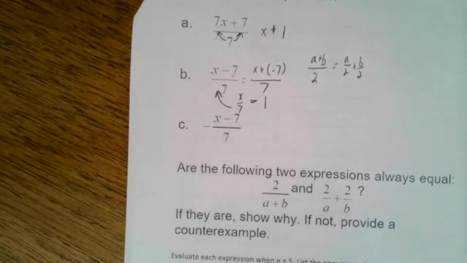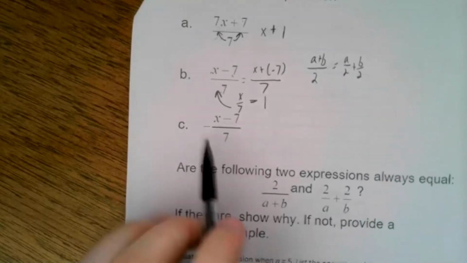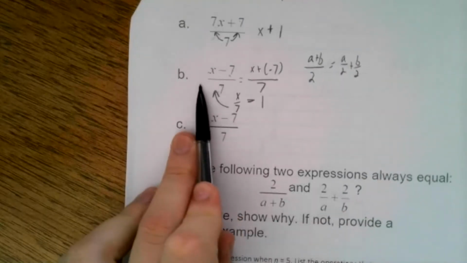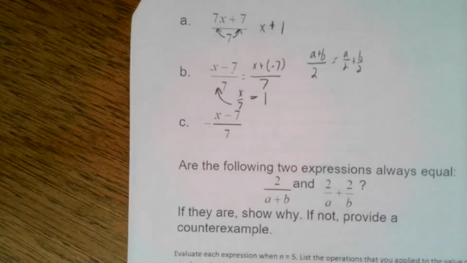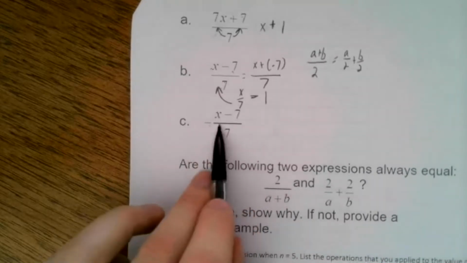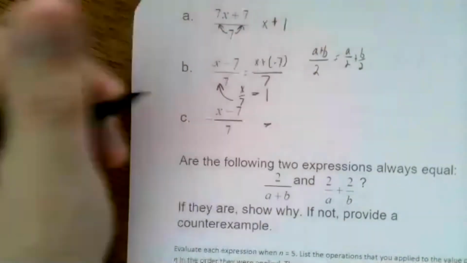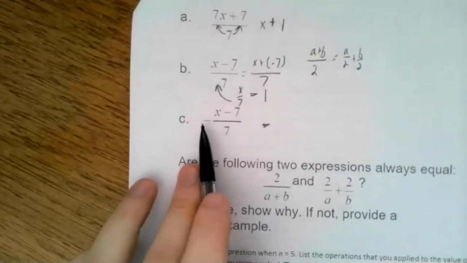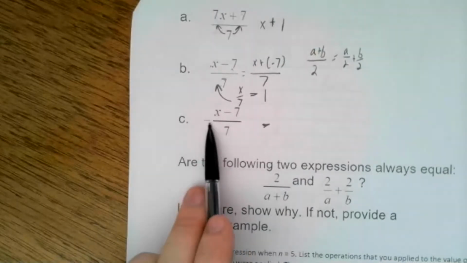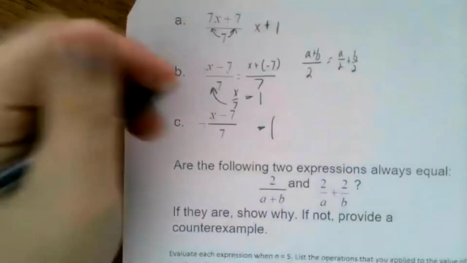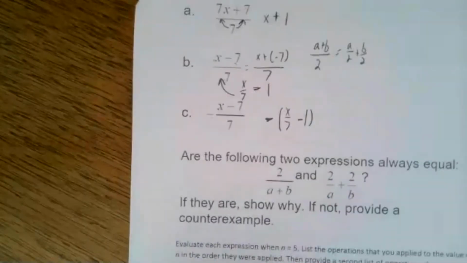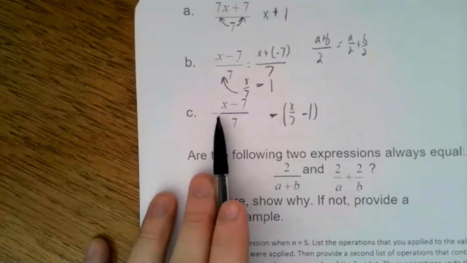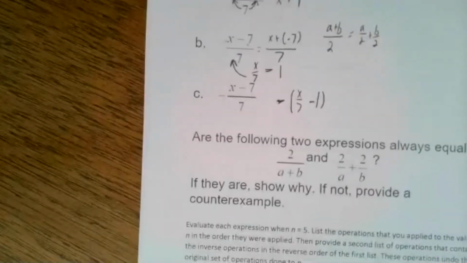Okay, so part C, it looks like I have the negative of part B, right? So I'm just going to substitute in what I had for part B. So I'm going to take the negative, and I'm going to put parentheses just to make sure this is more clear, because I have the negative of whatever this is. So I have the negative of part B, which is x over 7 minus 1. Okay? So that's just making clear that we're taking the negative of this whole fraction bar.